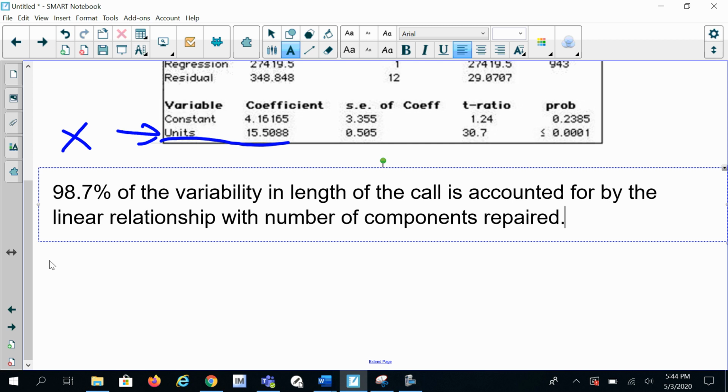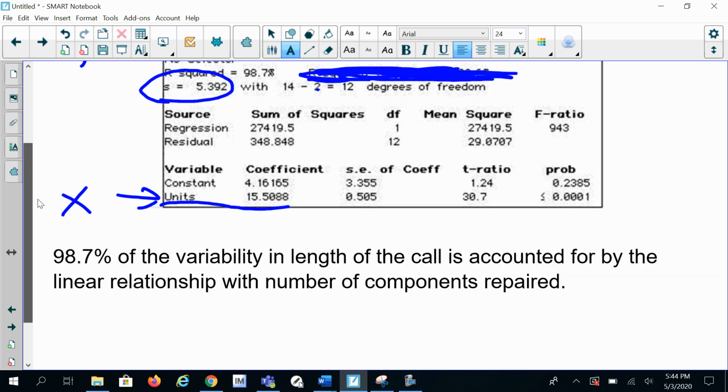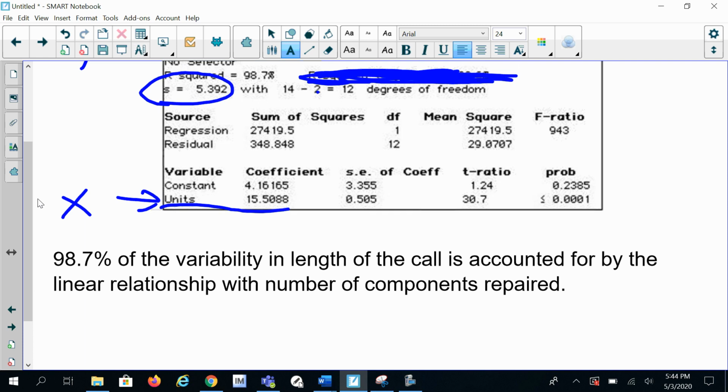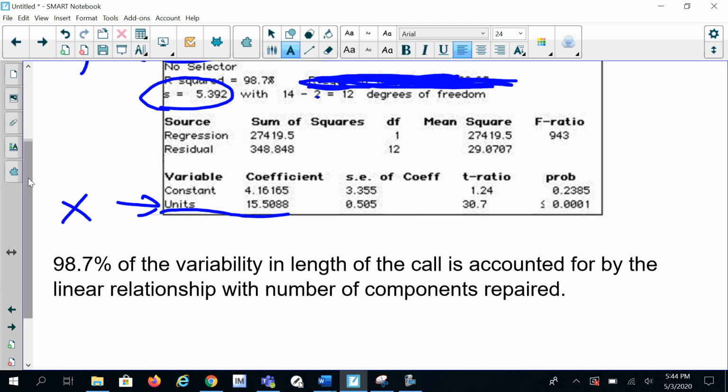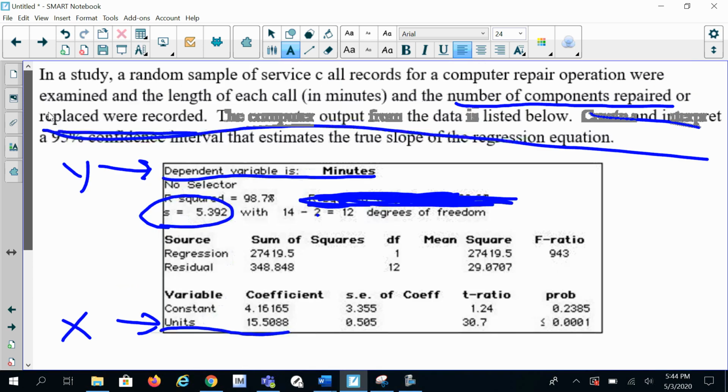The last thing we need is S. Remember, S is the average distance the actual Y's are from the predicted, and S is 5.392. The units are minutes because it's the length of the call, and it also says the dependent variable is minutes.